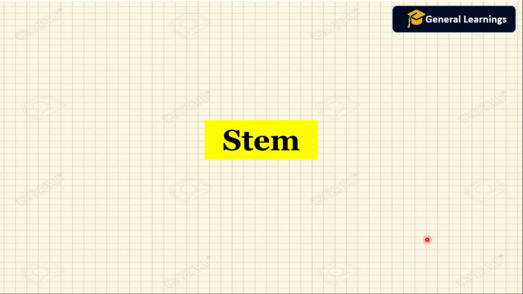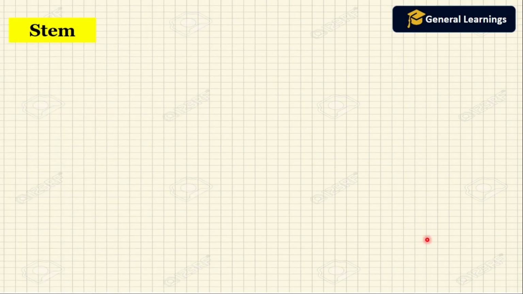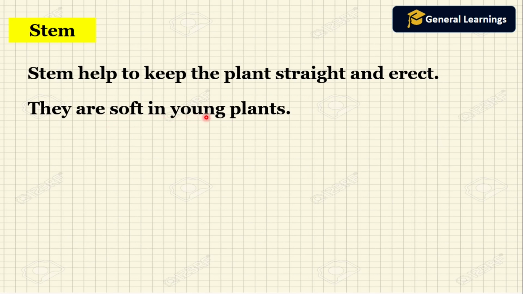Now we will see about stem. The stem forms the main part of a shoot system, as we learned previously. Stems help to keep the plant straight and erect. They are soft in young plants.